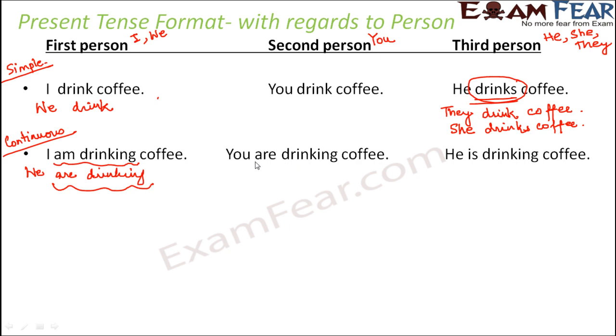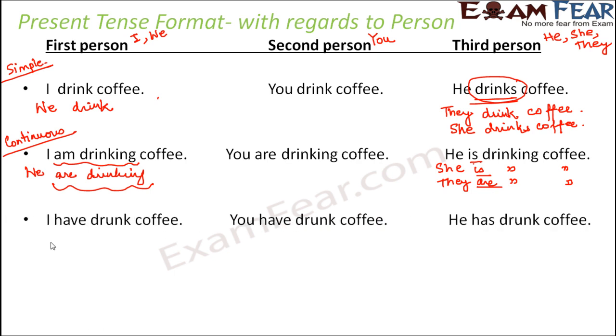In second person, it would be you are drinking coffee, because you is the same for singular as well as plural. And in third person, it would be he is drinking coffee. She is drinking coffee. They are drinking coffee. So wherever you have singular number, it's is. Wherever you have plural number, it's are.